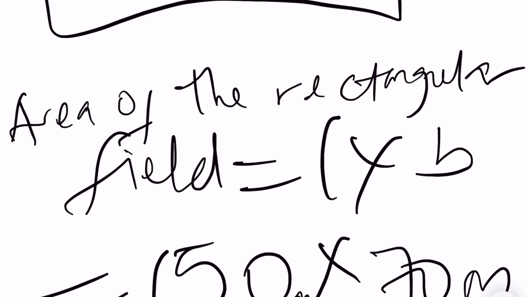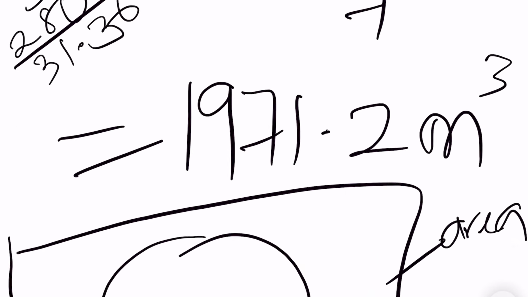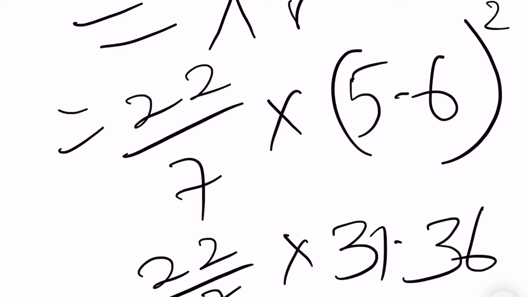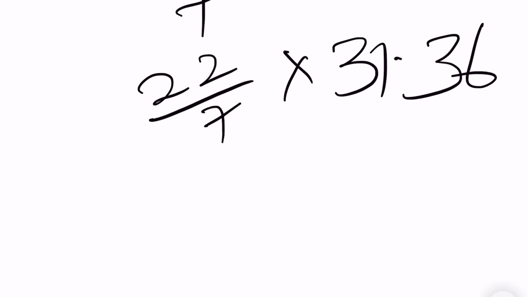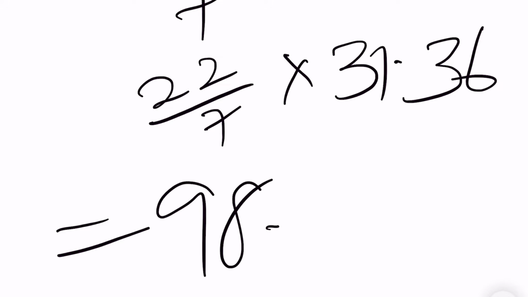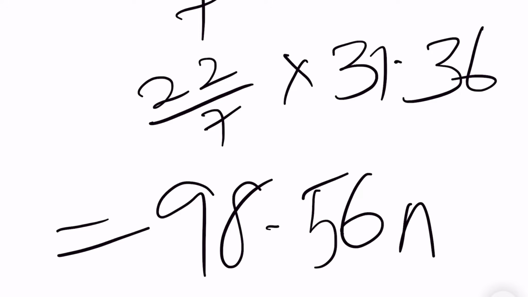So when we solve our 5.6 squared, we have it to be 31.36. And using our calculator, we have it to be 98.56 meters squared. Now we've gotten the area of our circle and the area of the rectangle.